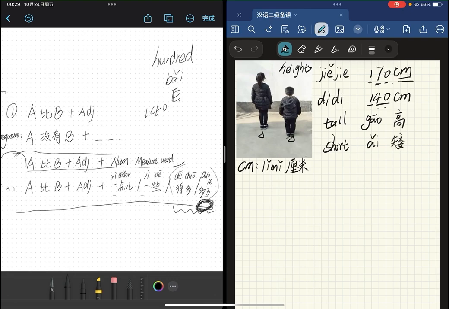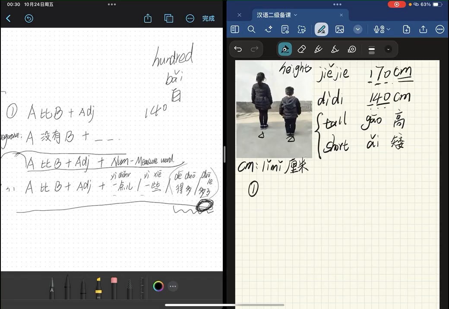So when we compare height, we need to use these two adjectives, 高 or 矮. Okay, now we have this information, so we can make the sentence.